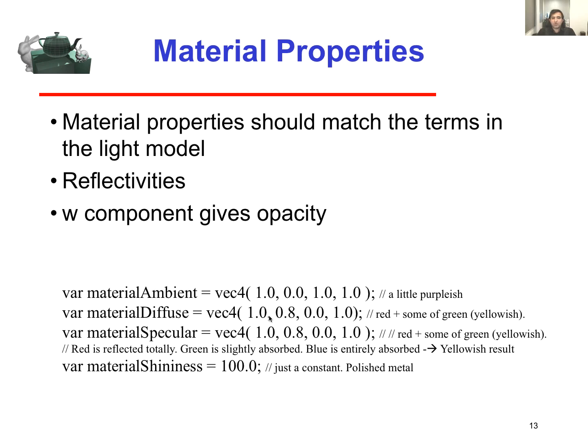Red is going to be reflected totally, and green is going to be mostly reflected and slightly absorbed, and blue is 0. This means blue is entirely absorbed. So given that the light color is white, we expect a yellowish color from both of these parts.